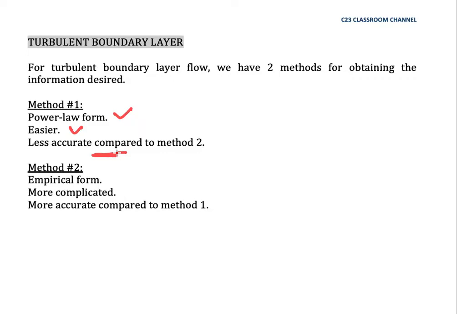We calculate every part of the problem, and that's why it becomes more complicated. However, the answer that we get from the empirical form is more accurate compared to the first method.